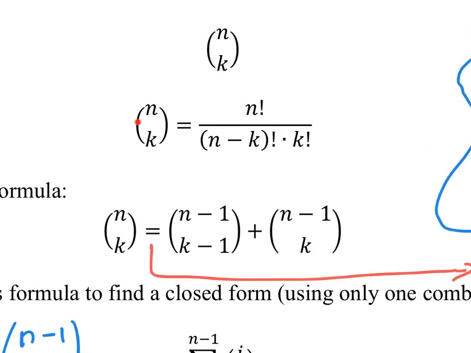So here's our formula. We can take the number on the top and take the factorial, and the number on the bottom and take the factorial, and then take the difference of the two numbers factorial. That's how you can calculate what this number is. So we're going to use that below.